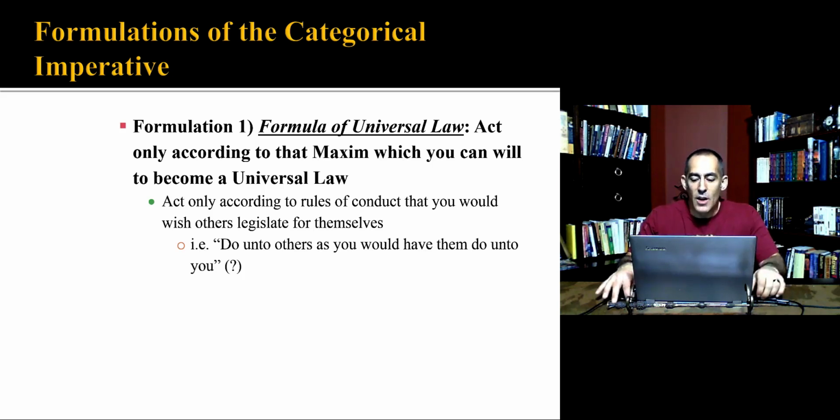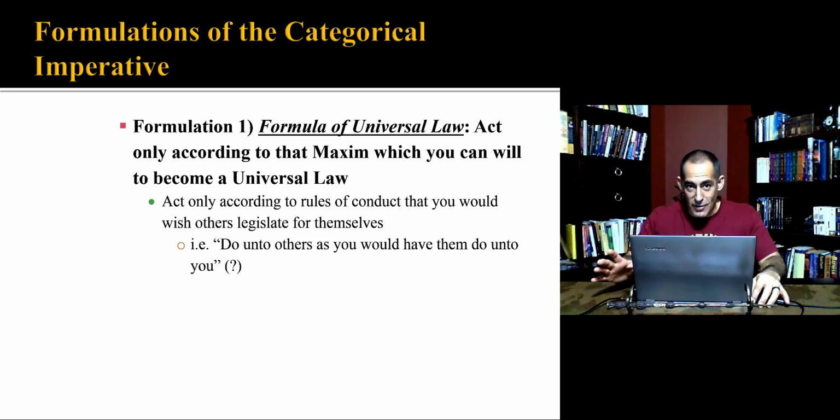It's called the formula of universal law, which says to act only according to that maxim which you can will to become a universal law, or act only according to rules of conduct that you wish that others would legislate for themselves as well. Now, if you notice on the screen, I've got the golden rule placed right below here. The idea of do unto others as you would have them do unto you.